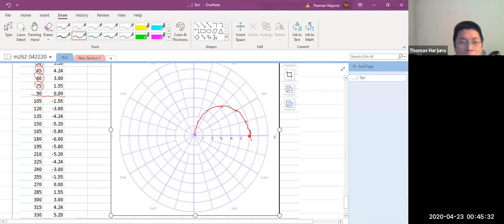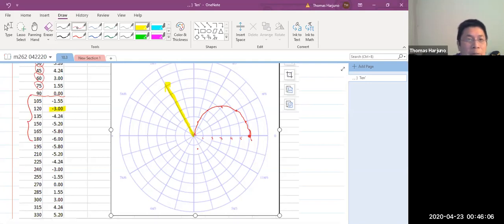Now the thing is, what happens once we go into quadrant 2? Because in quadrant 2, at 105 degrees, this is 105 degrees, I need to shoot back. It's negative. So I shoot backward 1.55, approximately here. 120 degrees, in this direction, but the radius is negative 3.